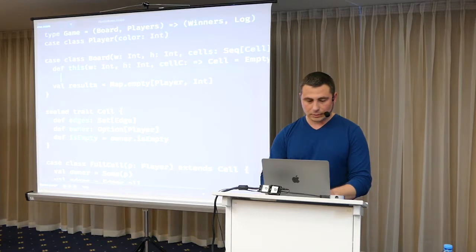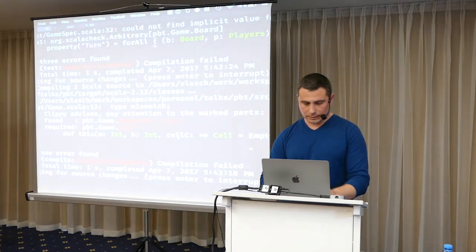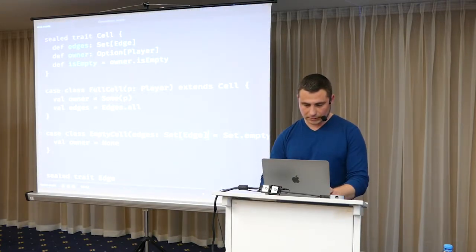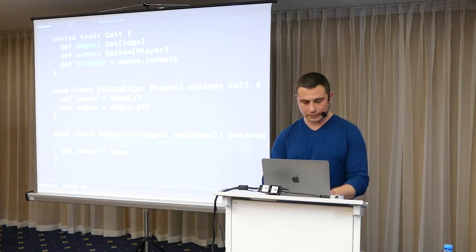And we call the normal constructor with the same dimensions, and we fill a list with those empty cells, or whatever we have in the constructor. So let's take a look. So the empty cell, it seems like it doesn't accept this set empty parameter. Let's define a constructor.